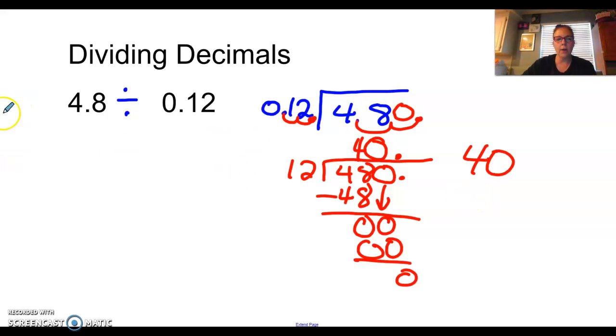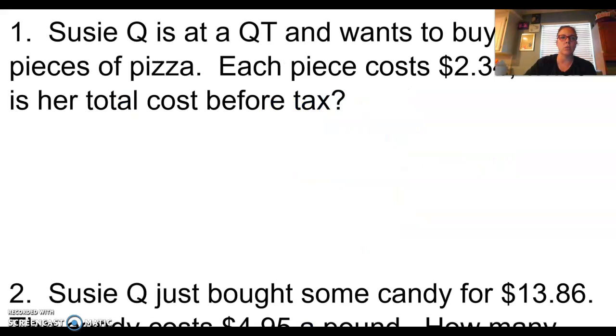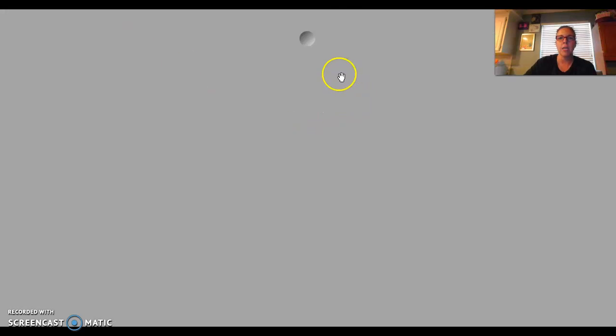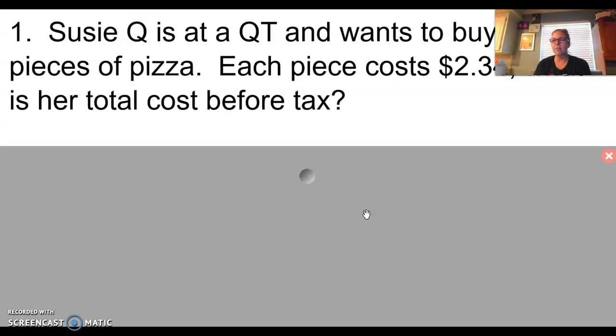Okay, I wanted to show you how to do that, but we are going to focus our lesson on these word problems. So you do not have to write all these out, but just write the gist of it, and I'll show you what that means. Susie Q is at QT and wants to buy 5 pieces of pizza.